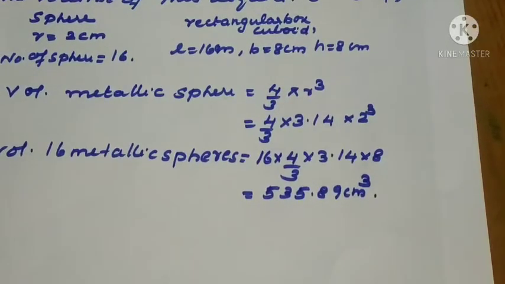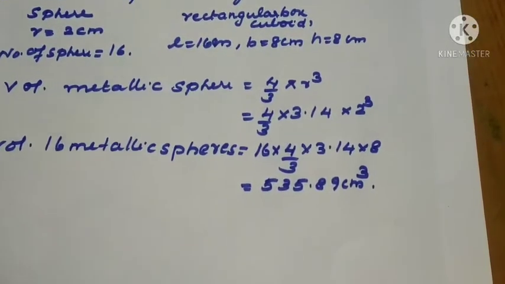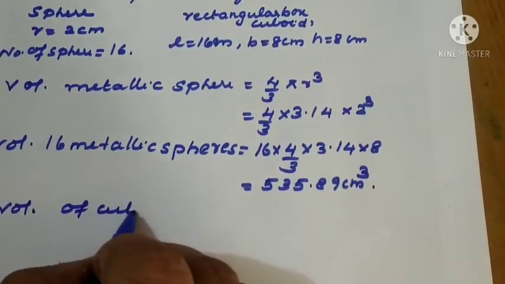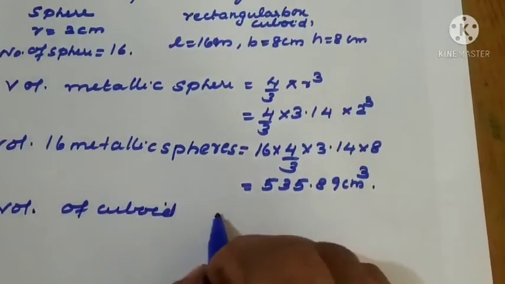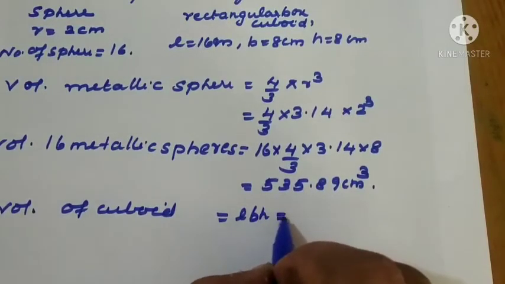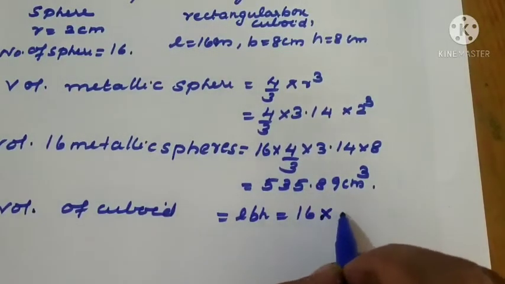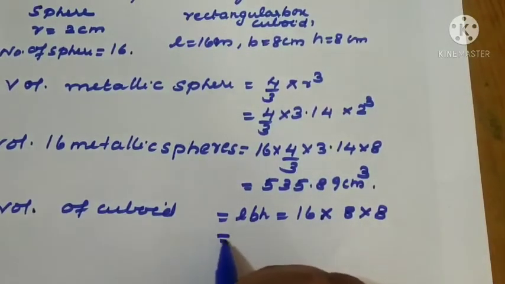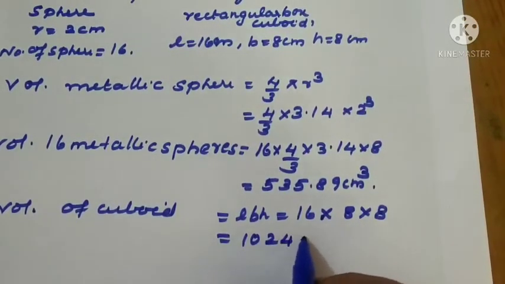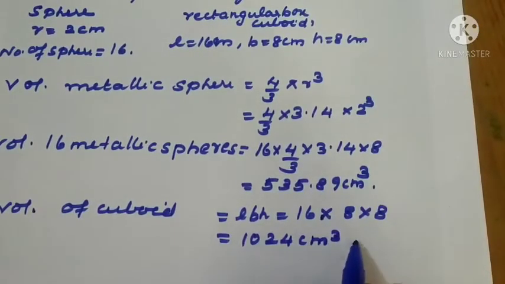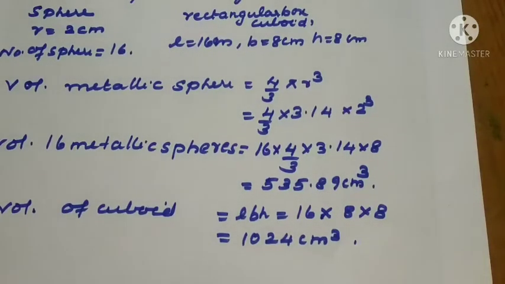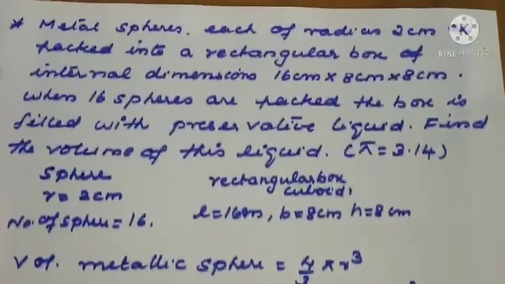What is the next part? Volume of the cuboid. LBH, 16 into 8 into 8. I hope the question is clear to you. Once again we will read the question.